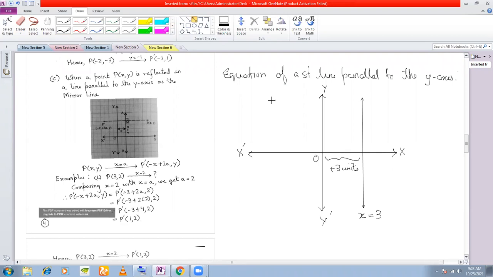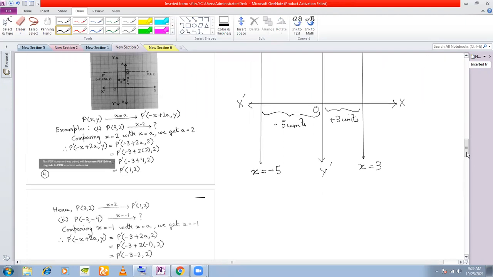Suppose I give you another straight line like this, and the distance here is say 5 units, or let's say -5 units, because we are talking about the negative direction of x. Then the equation of this line will be x is equal to -5.